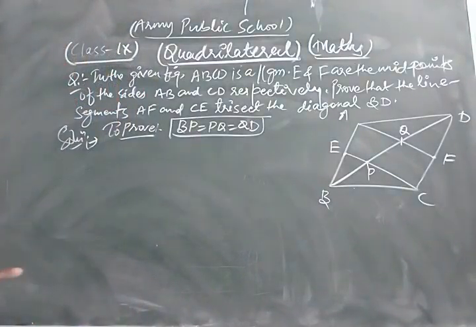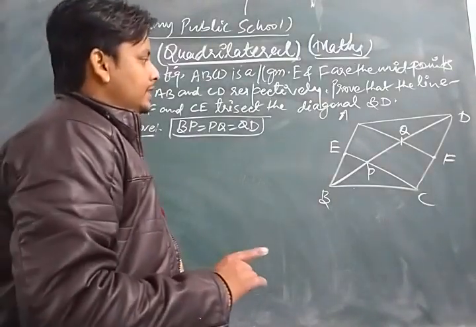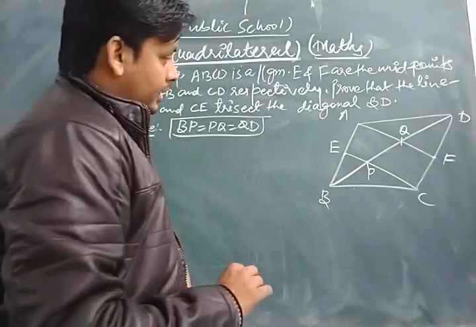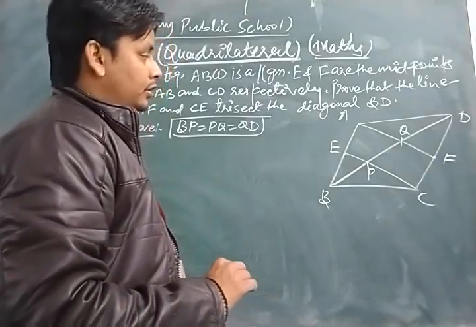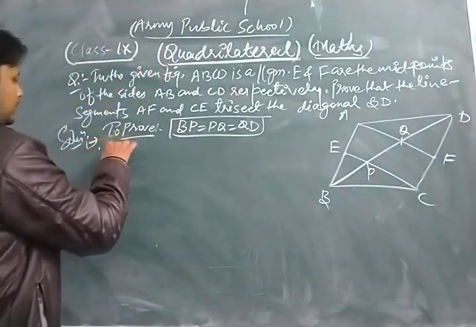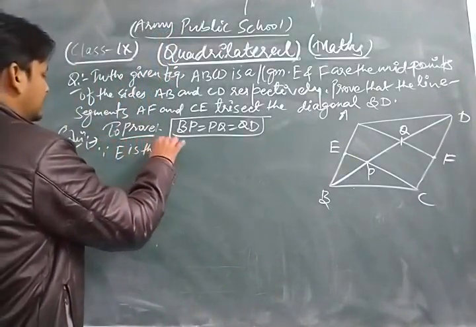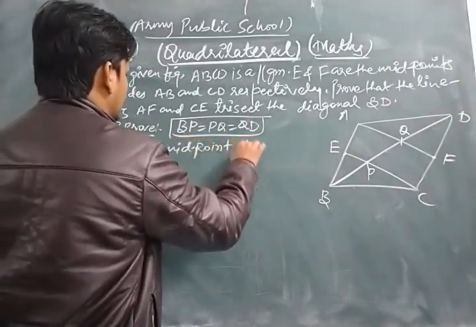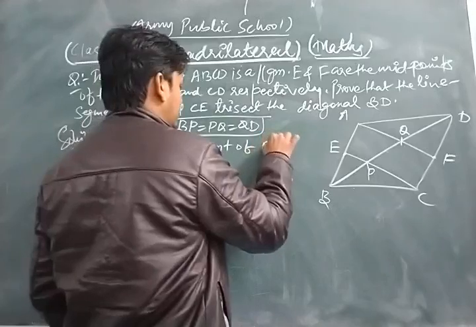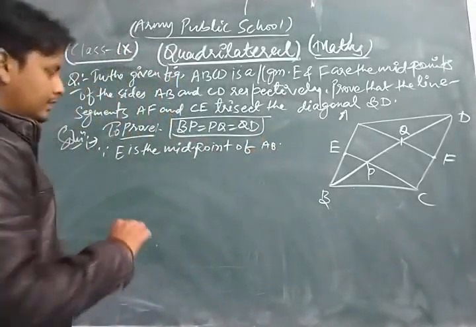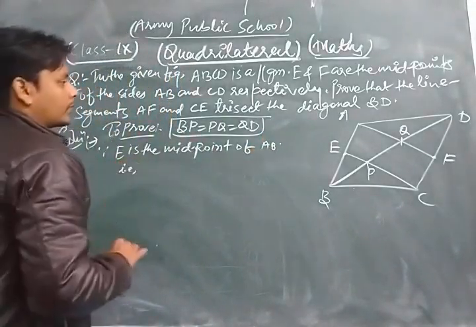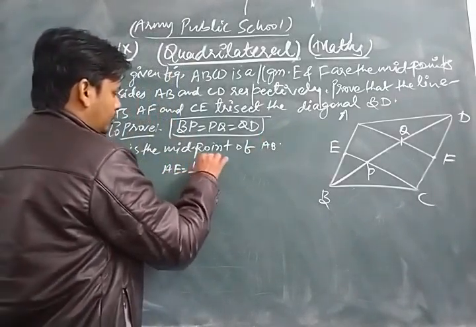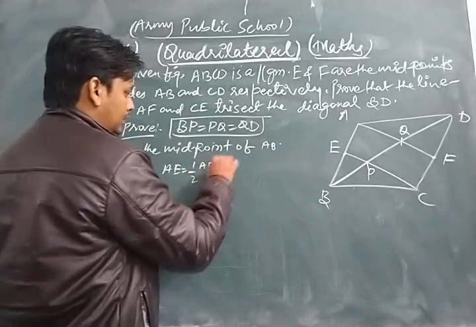First of all, ABCD is a parallelogram. E is the midpoint of AB, so AE is equal to half of AB.